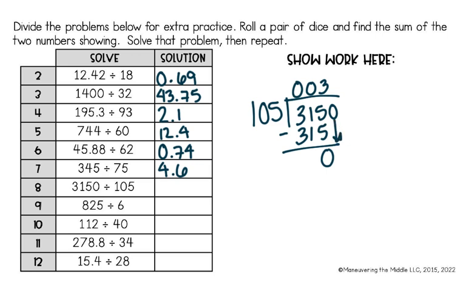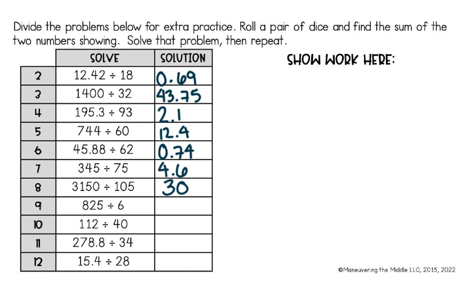Bring down that 0. 105 can go into 0 times. 0 times 105 is 0. Subtract. Yes, I know it's pointless. 0 minus 0 is 0. So our answer is 30.